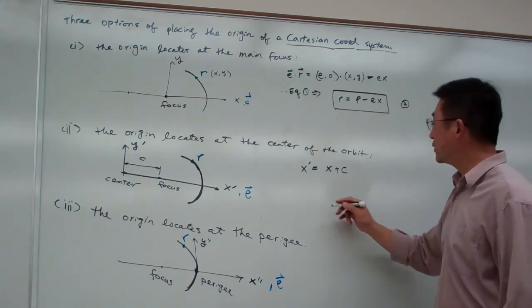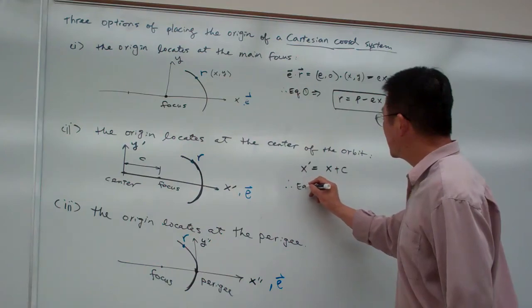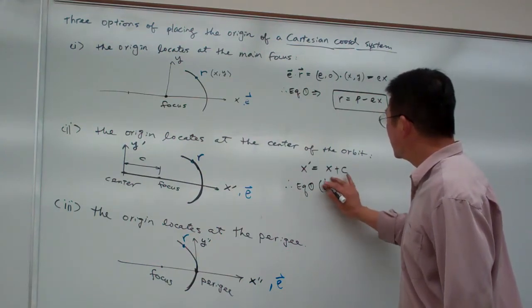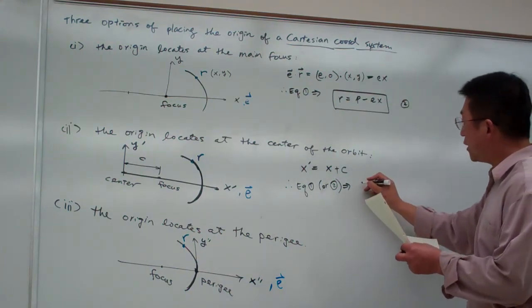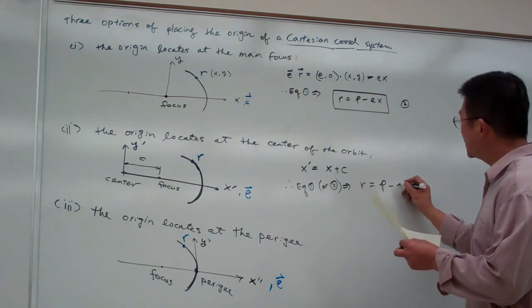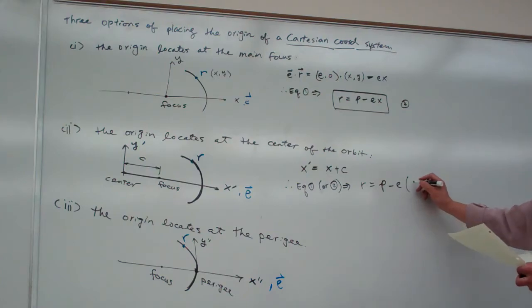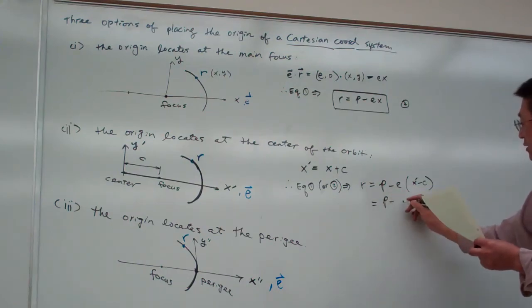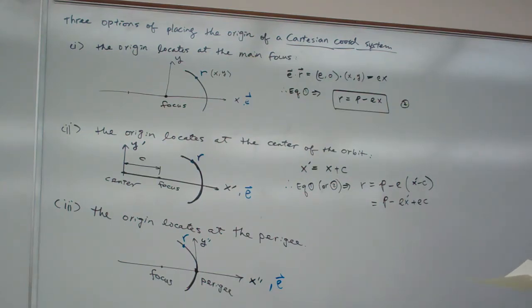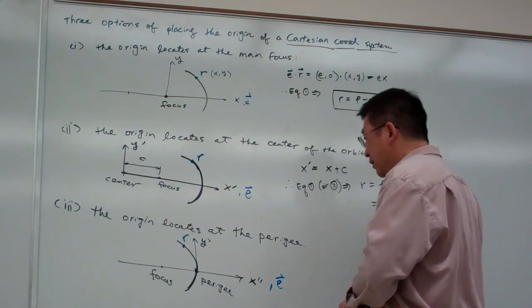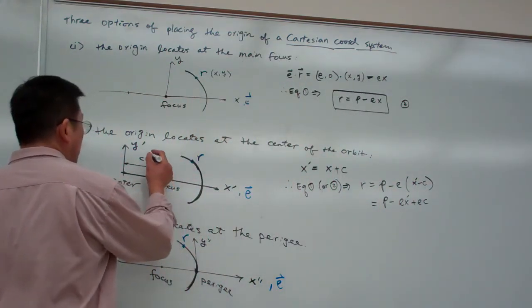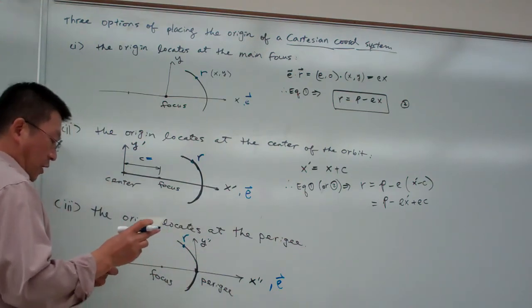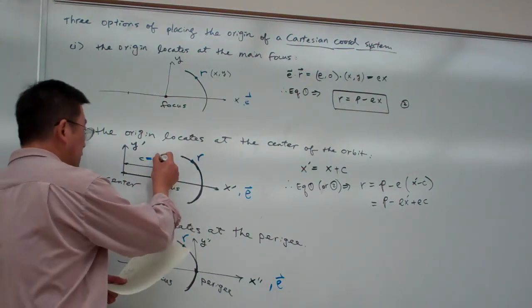So plug into here, then we have equation 2 becomes R equal to P minus E, and then we replace x by x prime minus c. So that one equal to P minus EX prime plus EC. Here I'd like to give a heads up, although we haven't been there yet, but C can be described as the quantity of the parameters, and actually that equal to EA.